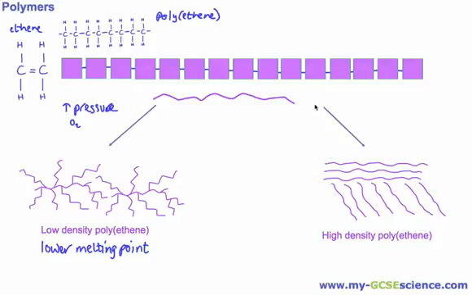The point is that if you create this with slightly different conditions, you get high density polyethene, and this has a slightly higher melting point, and it's a slightly harder polymer. And the reason why it's high density and harder is because of the way the polymer chains are arranged. They're much closer together, and therefore the forces of attraction between them are slightly stronger.